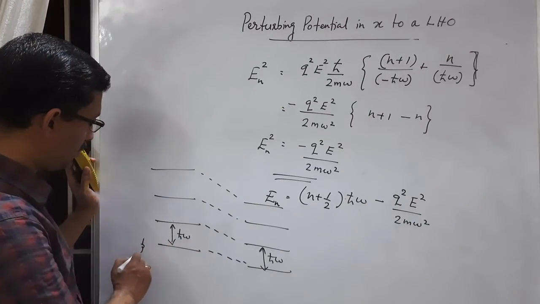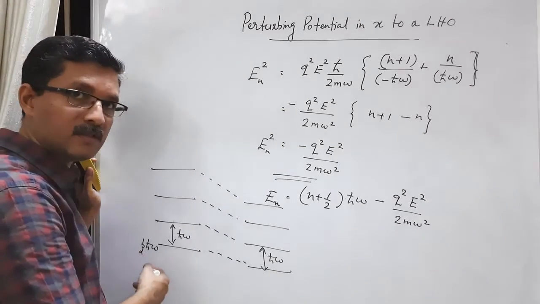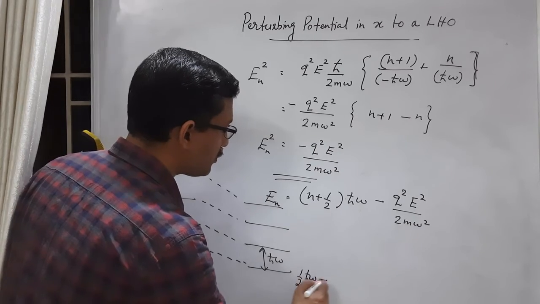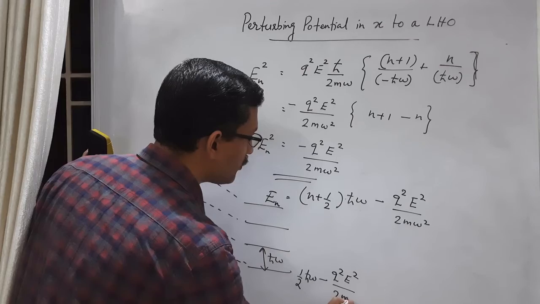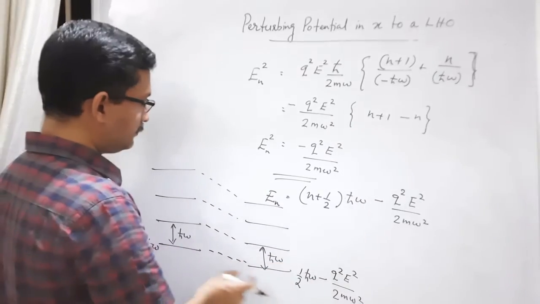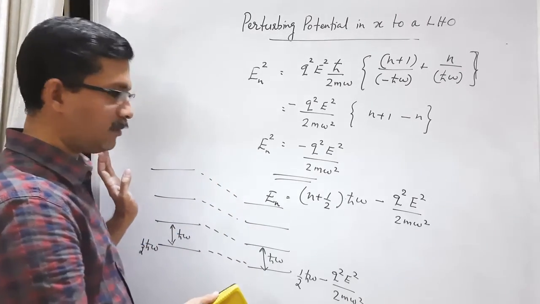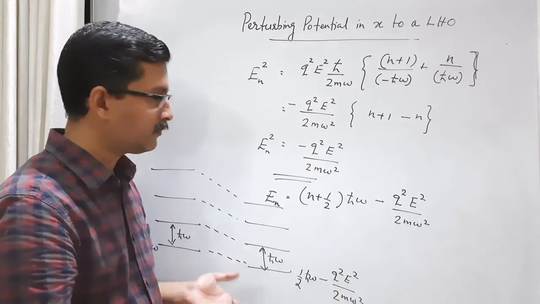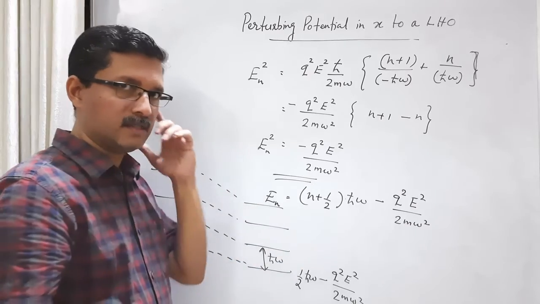If the ground state energy for the unperturbed oscillator is half h cross omega, the ground state energy here will be half h cross omega minus this factor, q square E square by 2m omega square. So all the energy levels are reduced by this factor, but the separation between energy levels remains the same, h cross omega, because the angular frequency omega remains the same. So it remains a harmonic oscillator with lowered energy levels.